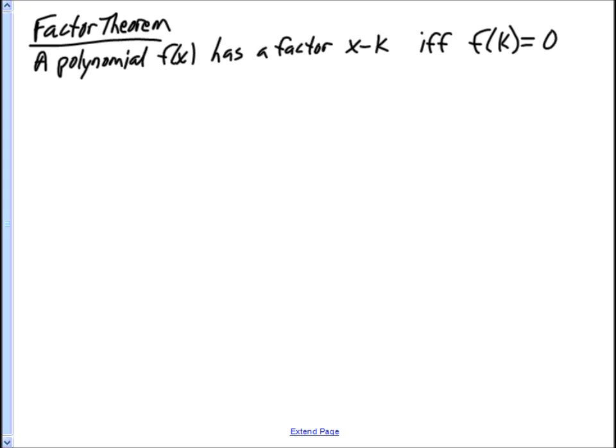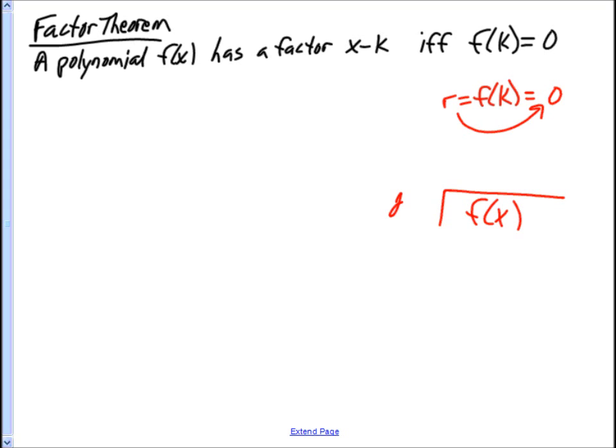equals 0. Now think about this, think about what that means for a minute. If f of k equals 0, remember r equals f of k, so we're claiming that our remainder is 0, right? So if we have no remainder when we do this division, f of x divided by d of x, and the remainder is 0, so we're not throwing anything onto the end.